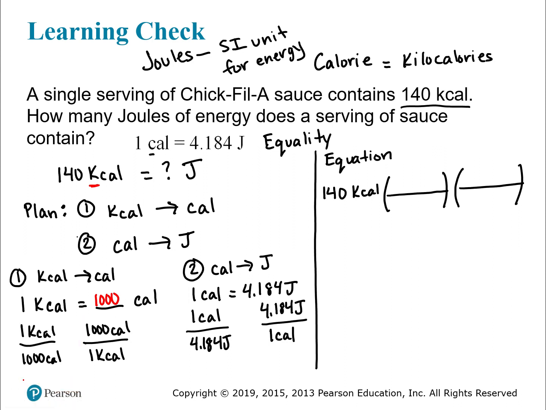We need to use one of these conversion factors from our first equality. Since we're trying to get rid of kilocalories, we need the one that has kcals in the bottom. Now we're going to go from calories to joules. That's where our second equality comes in, and we choose one of those conversion factors. We're canceling out calories. We have calories in the top right now, so we have to use the conversion factor with calories in the bottom.